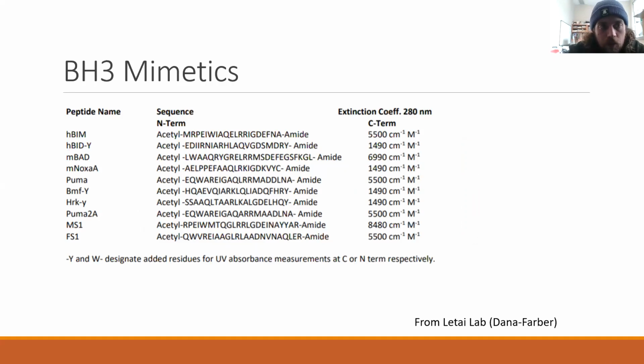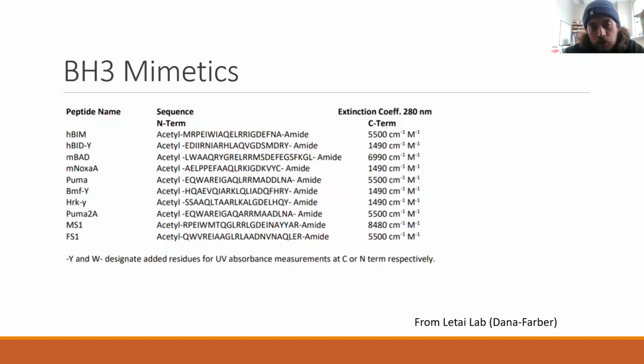So when I'm describing the peptides or BH3 mimetics, these are the main peptides that you can use. My lab currently uses BIM, BID, BAD, NOXA, and PUMA, as well as HRK and MS1. Basically, this is pulled straight from the documentation from the Letai lab, showing you that they're truncated versions of the protein.